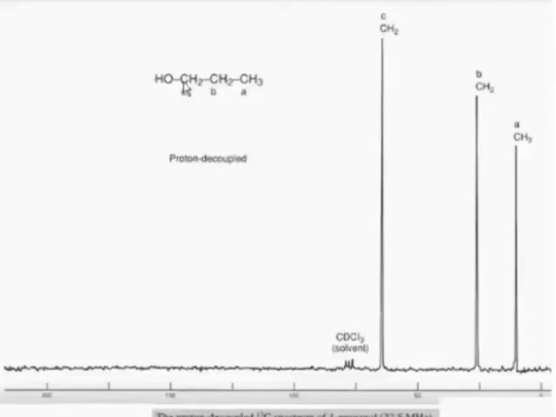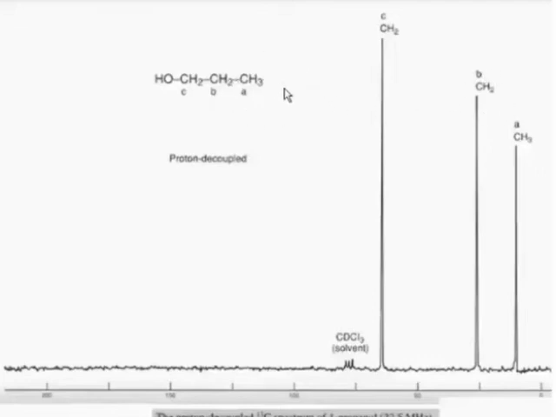Now the methylene B, however, being farther away from the electron withdrawing oxygen, has a little higher electron density, and the chemical shift is not as great. It has a smaller delta value. This signal here is due to the methylene labeled B. The methyl is the carbon that's furthest away from the electron withdrawing oxygen.